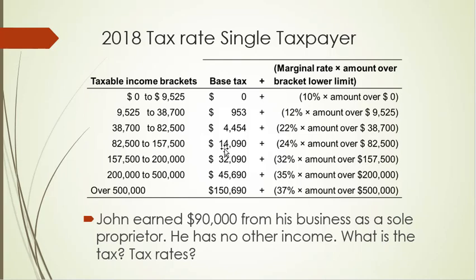And the formula is $14,090 plus 24% of any amount over $82,500. So if you do that math, you'll find out that the tax owed is roughly $15,890. Now, what is the average tax? You take $15,890 divided by this $90,000, and you ultimately end up with an average tax rate of 17.6%.